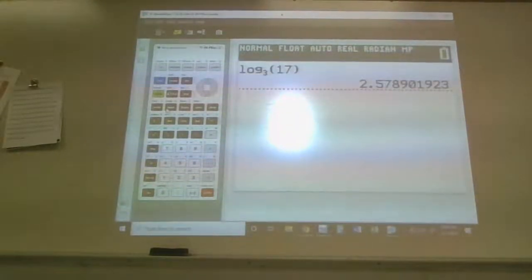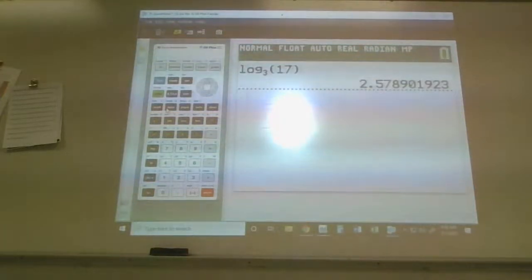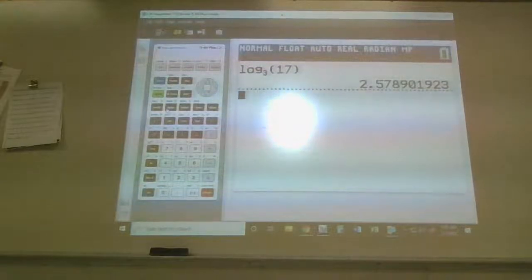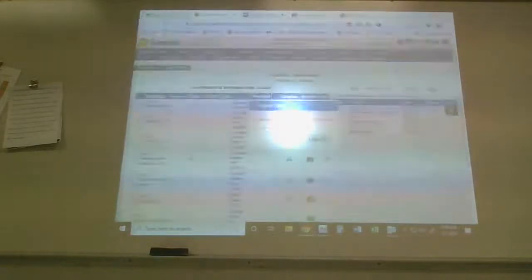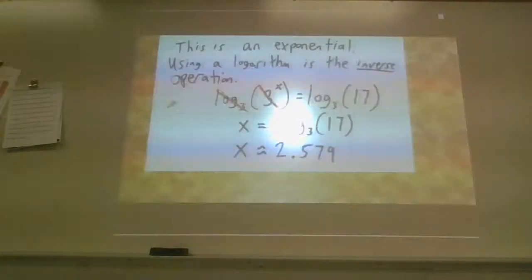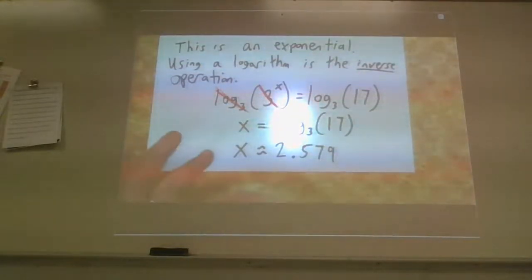There's my answer. There is the actual value of the answer to this problem. I'm going to write that down on my paper. X is approximately 2.579 is what it rounds to. And again, I said approximately because this decimal obviously keeps going forever.